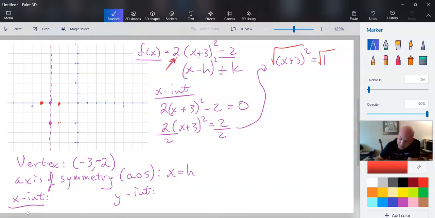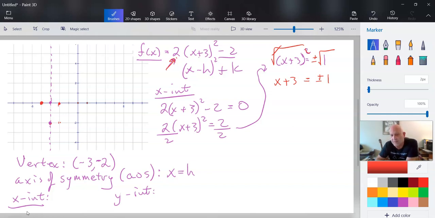Now, the square root property will give you an answer, but it won't be complete, because the way a square root property works is that you need both the positive and the negative root. So this square root cancels out that square, and I get x plus 3 is equal to plus or minus 1. Now, if it's equal to plus or minus 1, let's think about what that means.